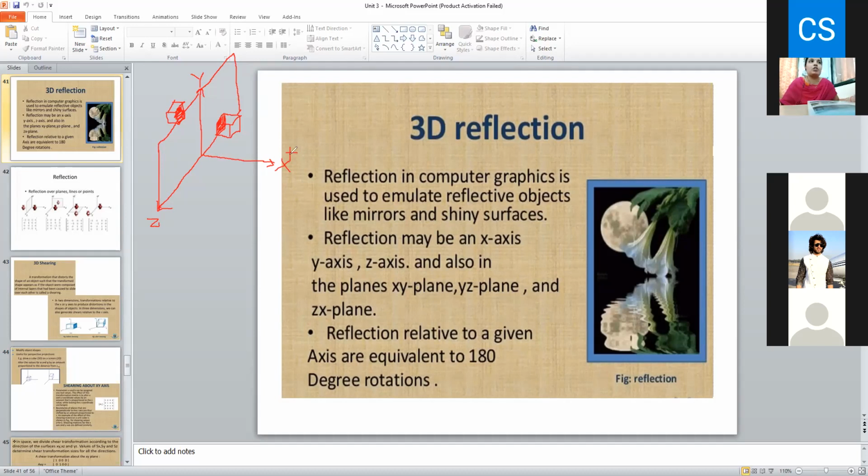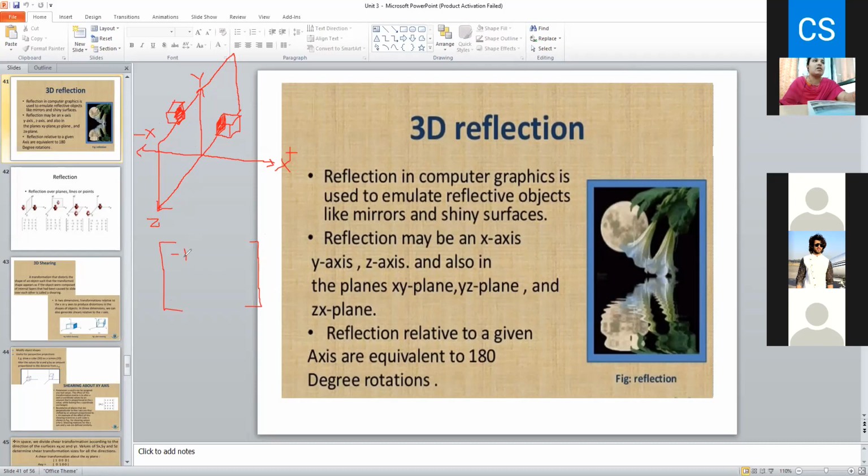Earlier the object was on the positive x side, now where has it gone? It has gone to the opposite direction, where x is negative after reflection. Right? It means the T matrix will have only the x value change in its sign, all other remaining values will be the same.